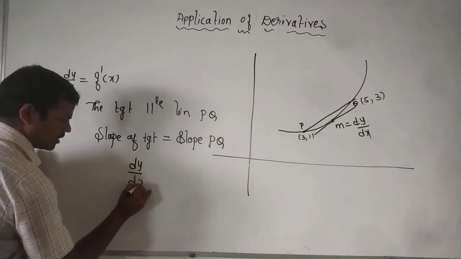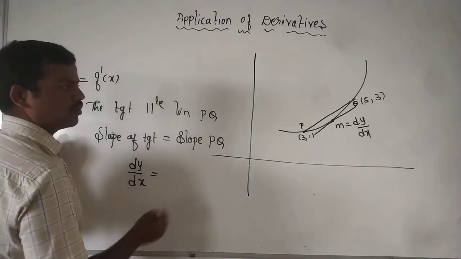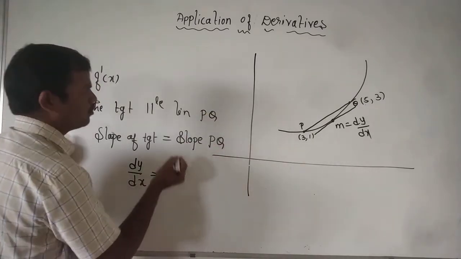dy by dx is equal to the slope of PQ. Let me find that out.